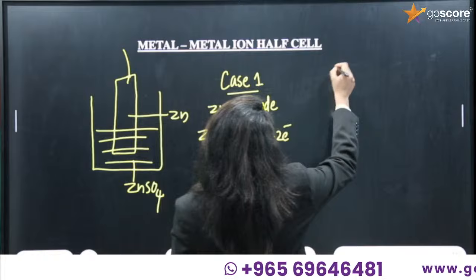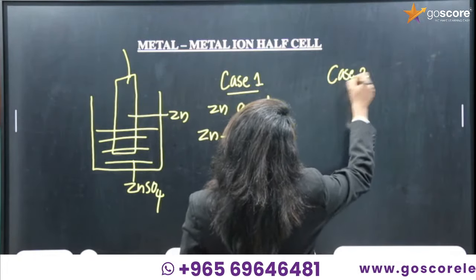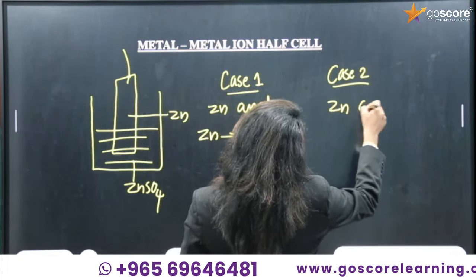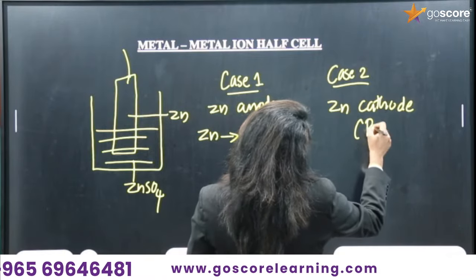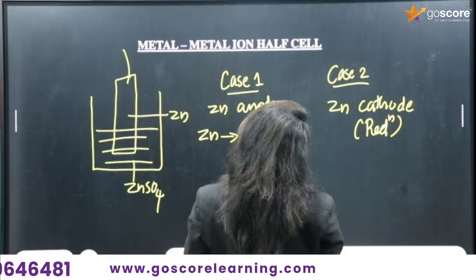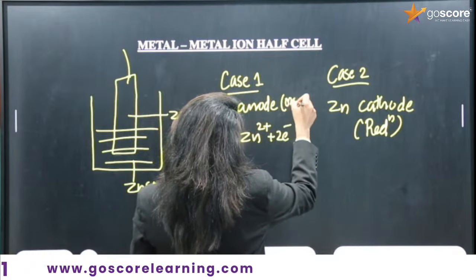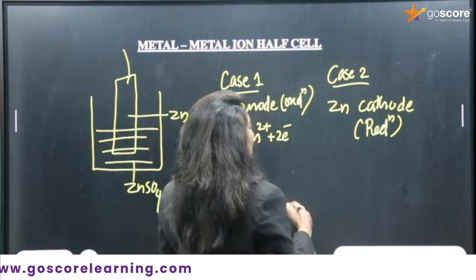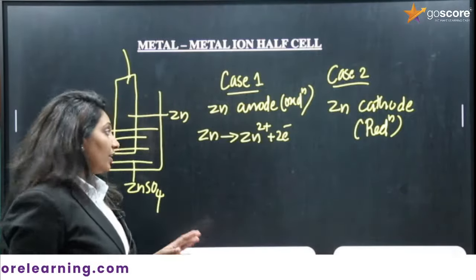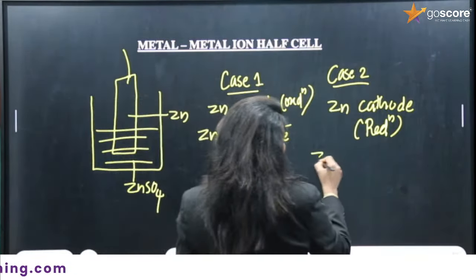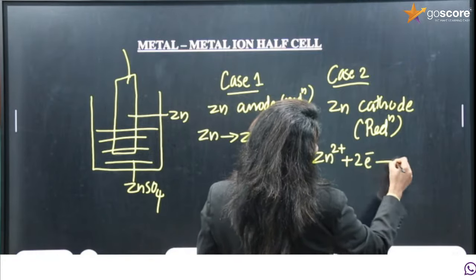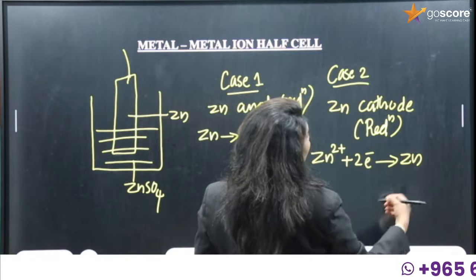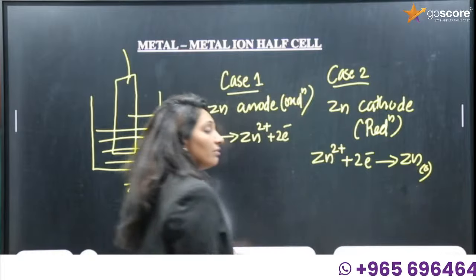In case 2, I'm taking the zinc as cathode. Cathode means which process occurs there? The reduction process will take place, right? Reduction means gaining of electrons. The Zn2+ ion will be gaining 2 electrons and converting into solid zinc, right?